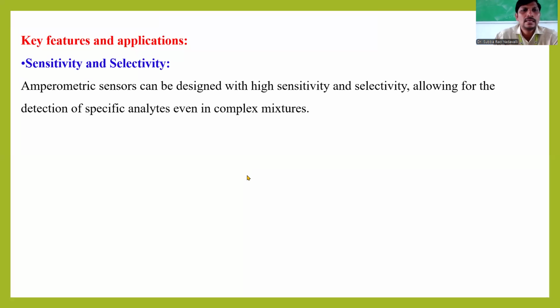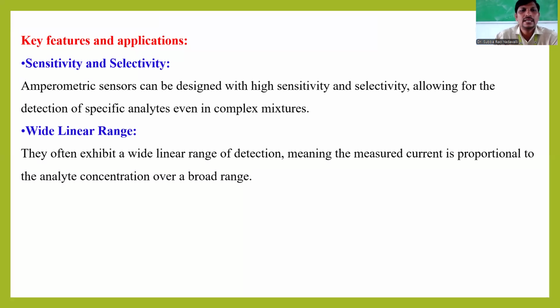Now coming to the key features and applications of amperometric sensors. The first one is sensitivity and selectivity. Amperometric sensors can be designed with high sensitivity and selectivity, allowing for the detection of specific analytes even in complex mixtures. The second one, wide linear range.